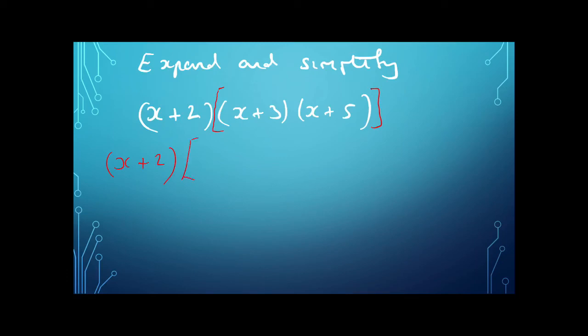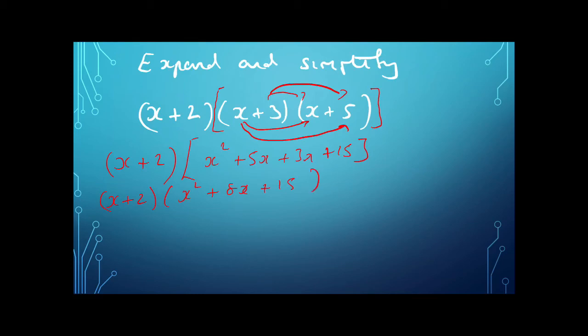I've used a square bracket, it doesn't have to be a square bracket, and we're going to multiply x times x, which is x squared, x times 5, which is 5x, 3 times x, which is 3x, and 3 times 5, which is 15. Adding the like terms, it's x squared plus 8x plus 15.